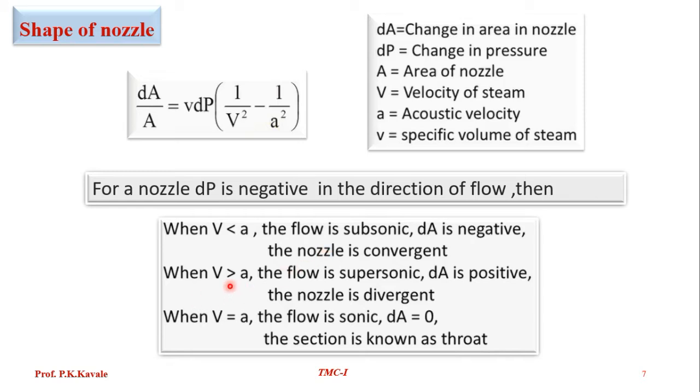If the velocity is greater than the acoustic velocity, a supersonic condition, this bracket becomes negative. dP is negative, negative multiplied by negative is positive. So dA is positive, the area increases, and this becomes a divergent nozzle. And when V is equal to a, dA becomes zero. That section is known as the throat, where there is no change.